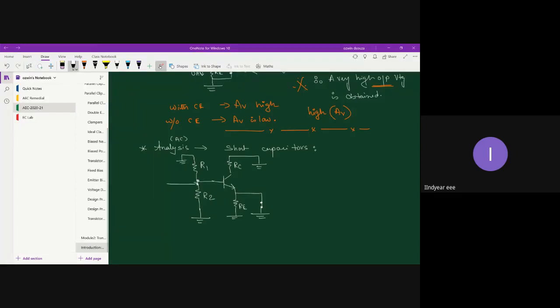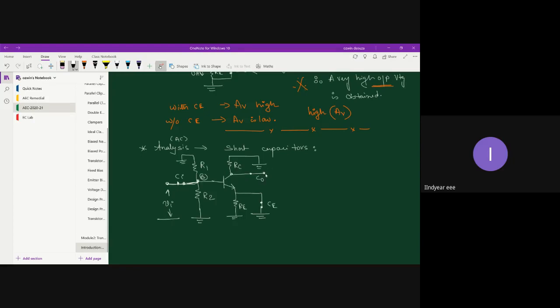So this is your base terminal. Between base and ground, the input is fed. Remember, your input coupling capacitor CI is also short circuited. This is the location of CI, which is short circuited. And then you have your output coupling capacitor C0.